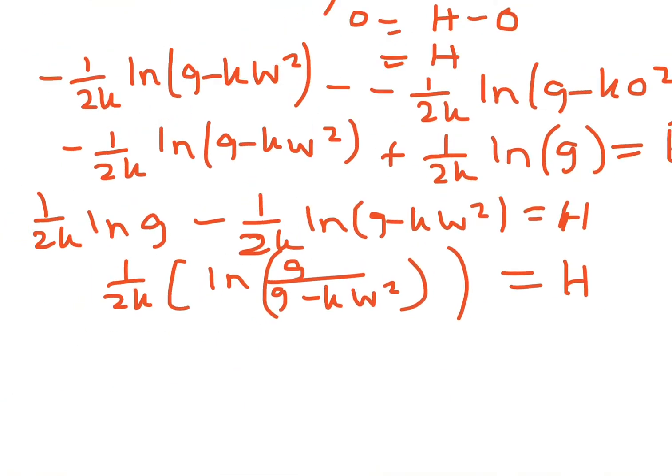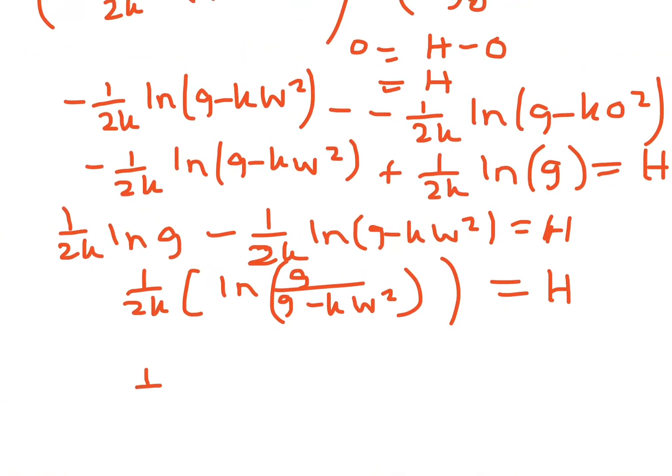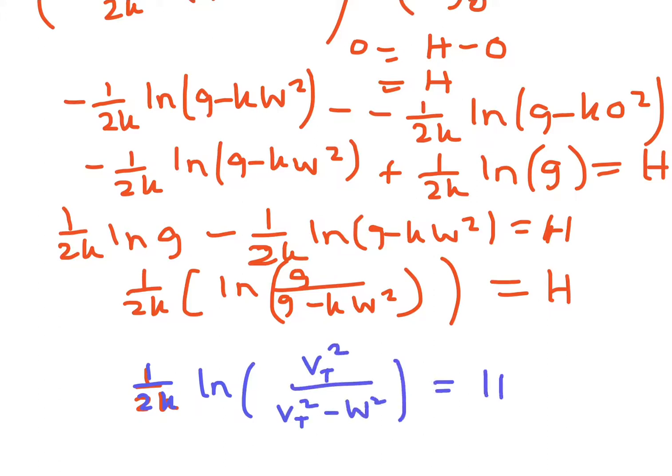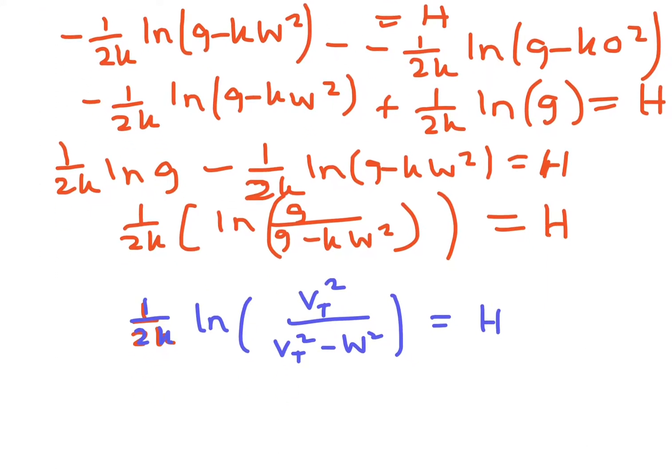So let's just write that down. So it's 1 on 2k ln vt squared over vt squared minus w squared equals h. This is what we're aiming to get at. So this is very close. Notice there's nothing in front of the w here, and here it has a k. So if I go through and divide everything by k, and what does vt squared equal?